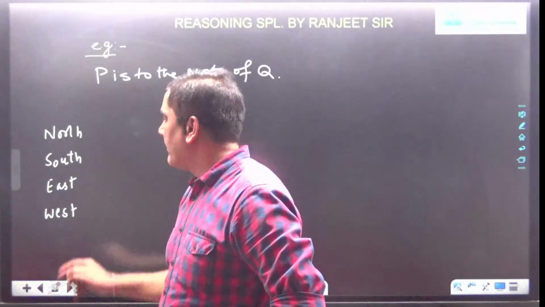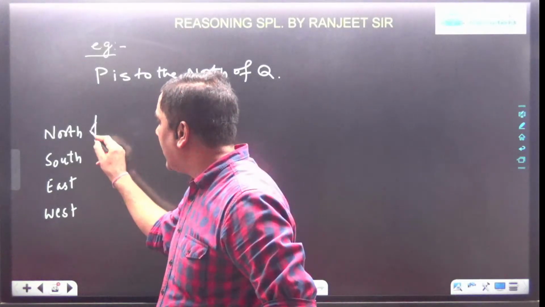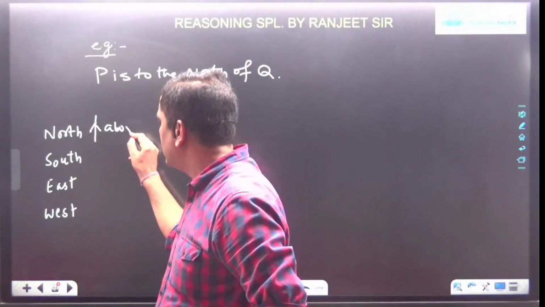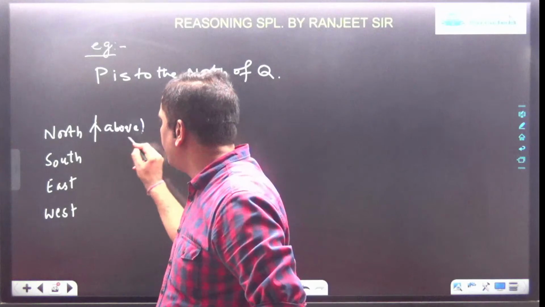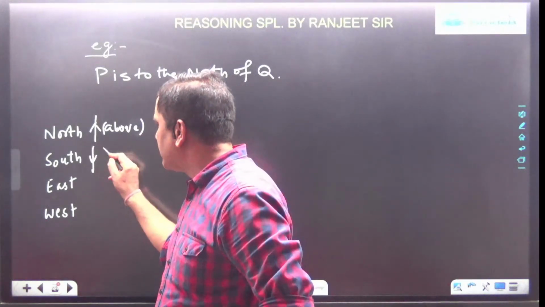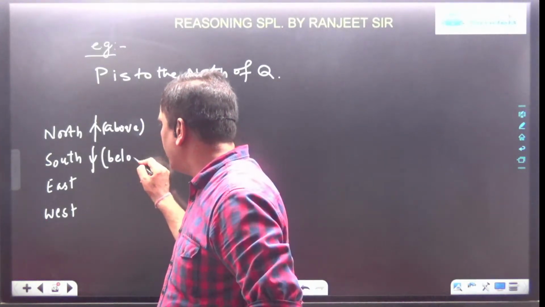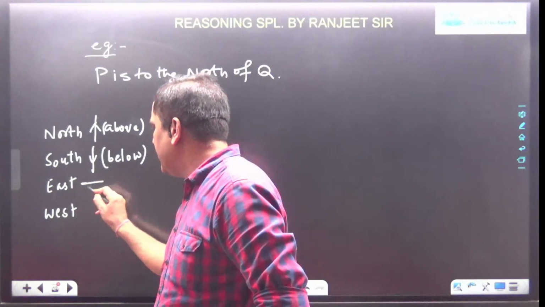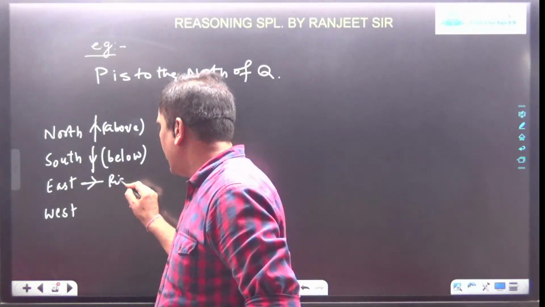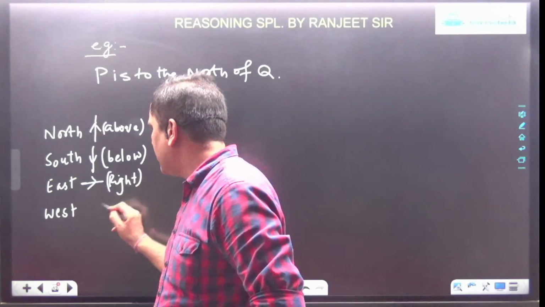Always remember, north always means up, above. South always means down, meaning below. East always means right. And west always means left.